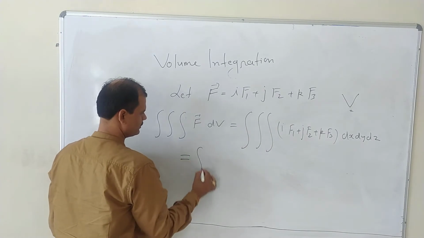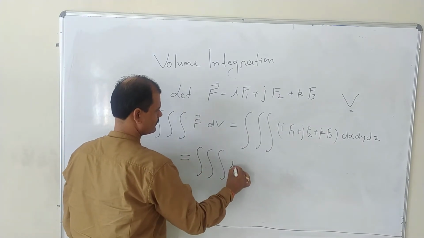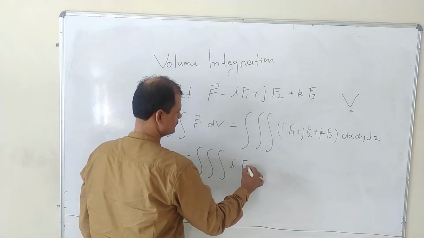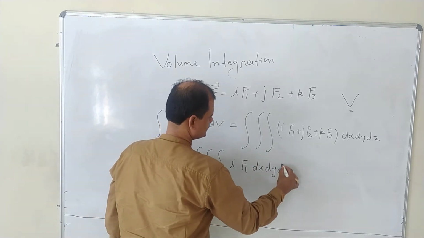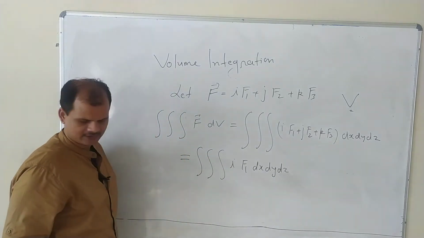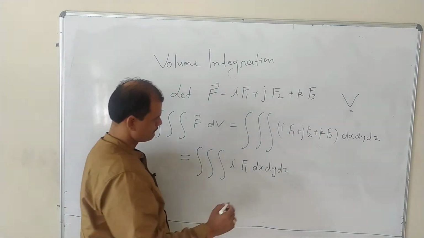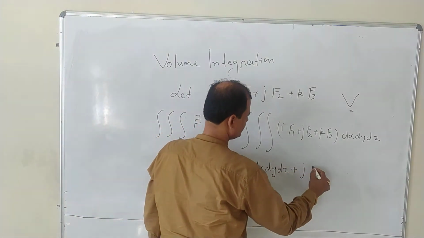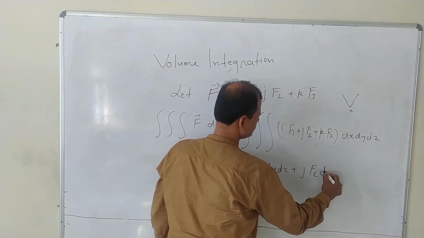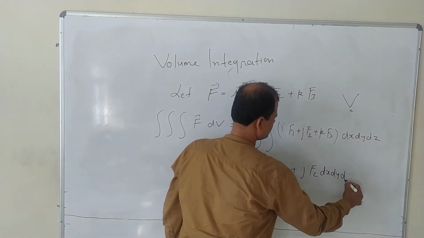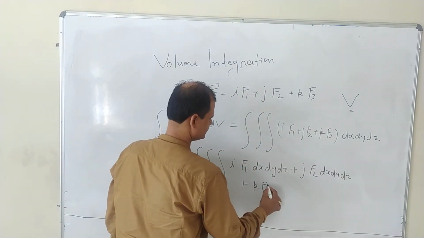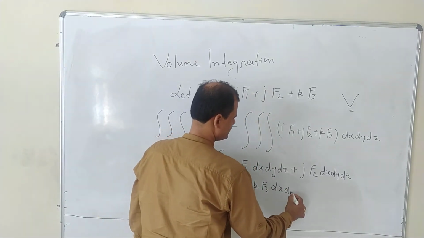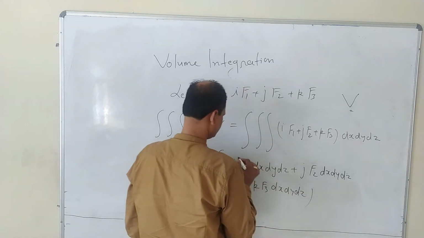Fine. So this will be i f1 dx dy dz, fine, plus j f2 dx dy dz plus k f3 dx dy dz.